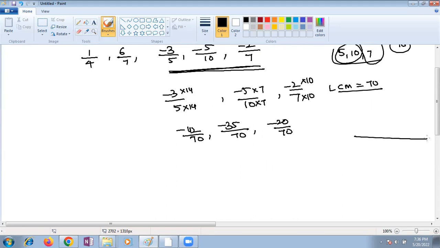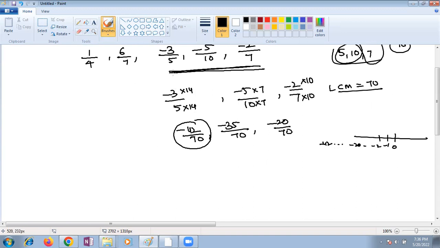Smaller. If you see the number line, 0 is here, then minus 1, minus 2, and so on. Minus 20 is very close to 0. That's why minus 20 by 70 is the greater fraction. With negative integers it is quite opposite, so minus 42 by 70 is the smaller.